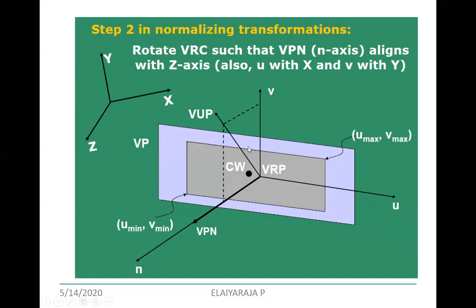If this is your viewing plane and this is your viewport, the viewport coordinates with respect to x minimum, y minimum, x max, y max are your defined boundaries for the normalizing transformation with respect to the viewing plane, along the z axis on your xy plane, considering your view reference point as well as the up vector and the center window coordinates, which will translate from the given origin point.